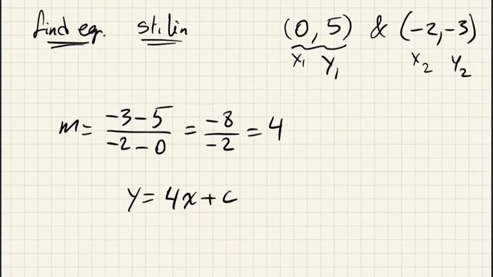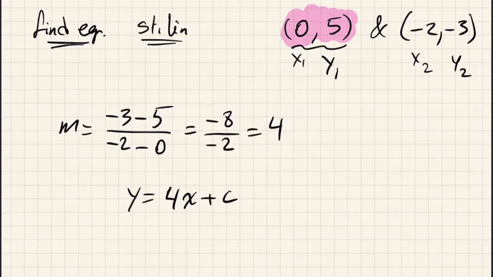If I want to get the c, I have to substitute. But here, you don't have to substitute. Why? What is the position of this point? Any point with x coordinate value equals 0 means what? Can you repeat the question?